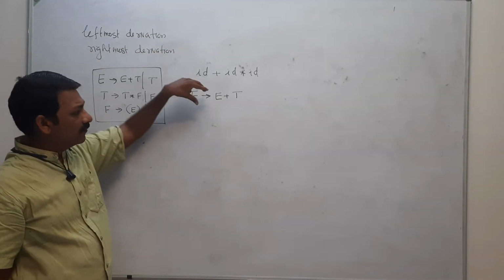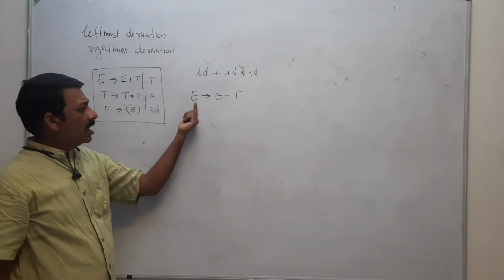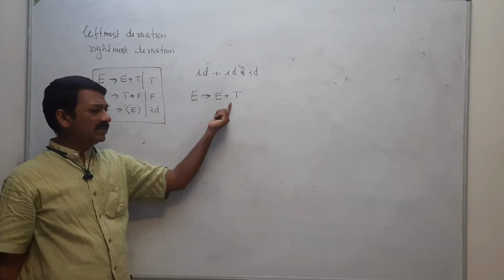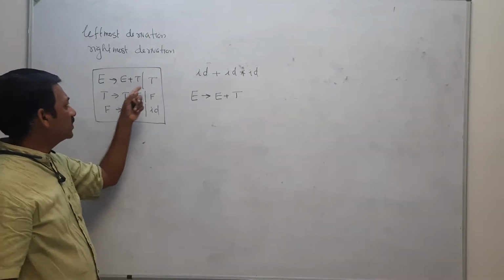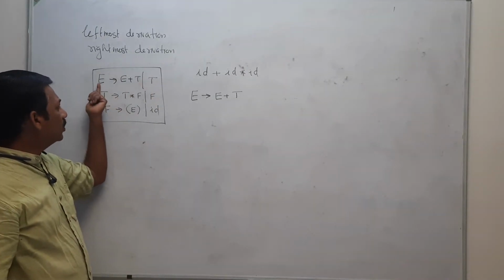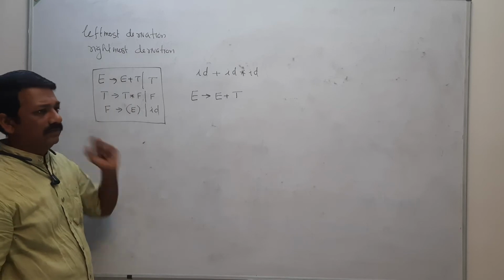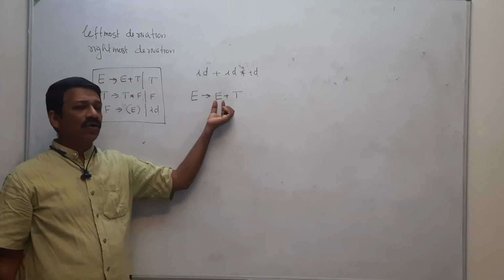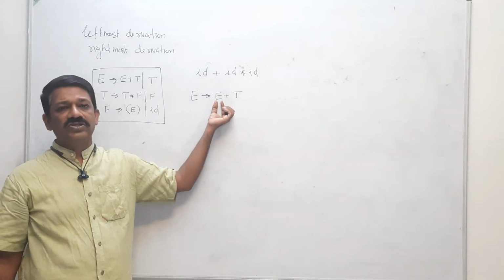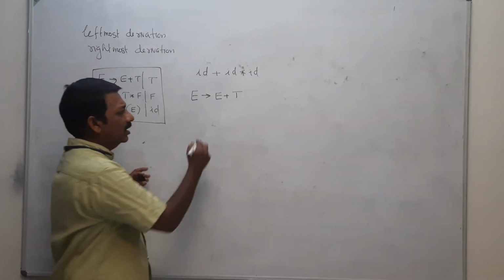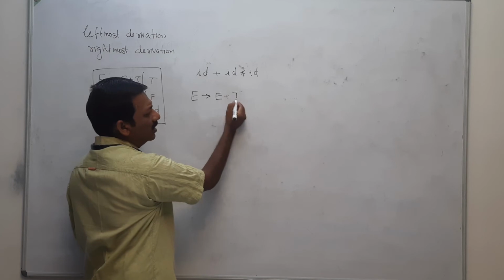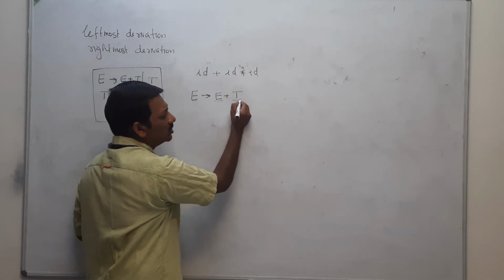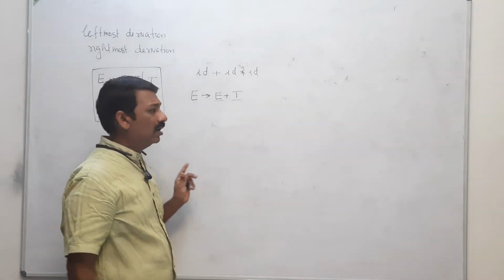Now you are going to replace the leftmost non-terminal at every step of the derivation. Here on the right hand side you have E plus T, and both E and T are non-terminals.